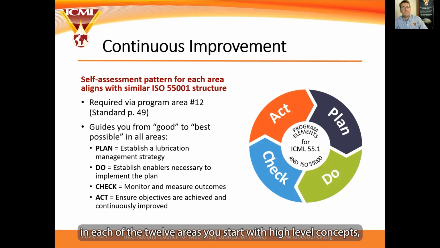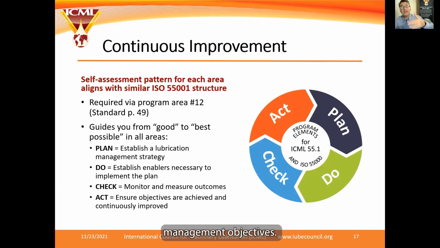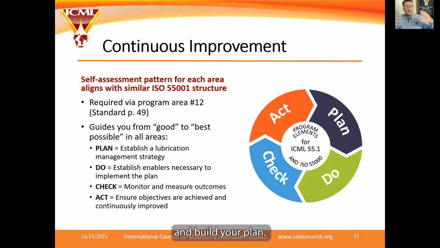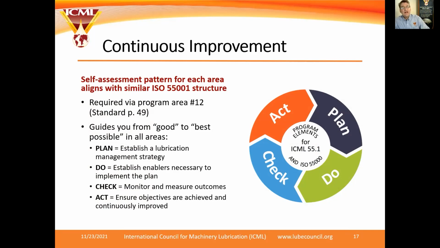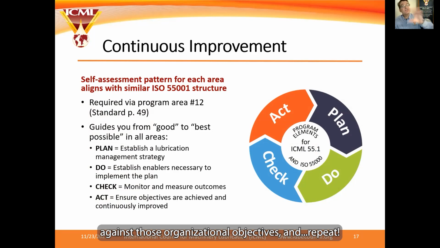Essentially, in each of the 12 areas, you start with high-level concepts, organizational objectives that lead to lubricated asset management objectives. And then you apply the ICML 55.1 process to develop and build your plan. And then you implement the plan with your enablers. And then you assess the plan's performance and evaluate against those organizational objectives and repeat.